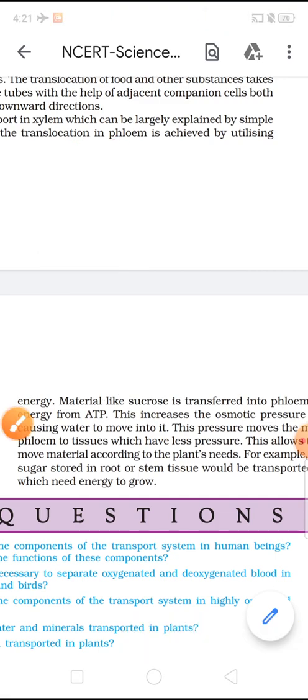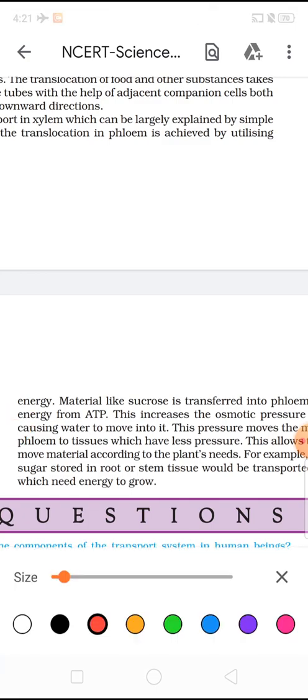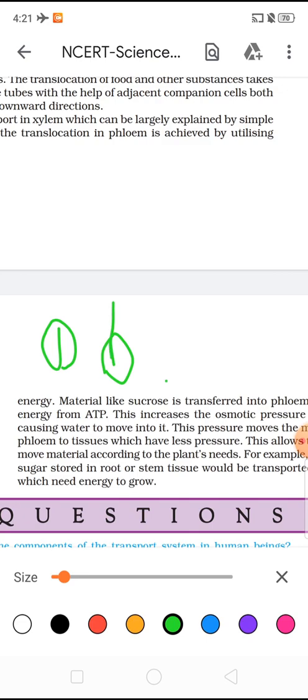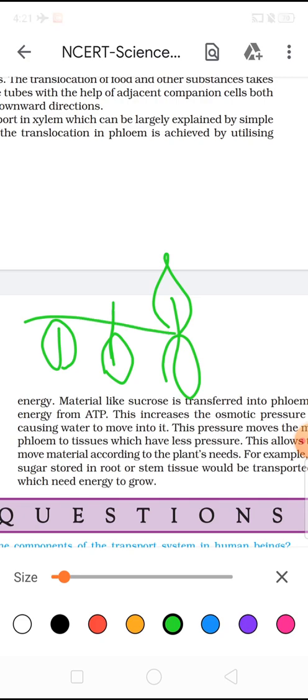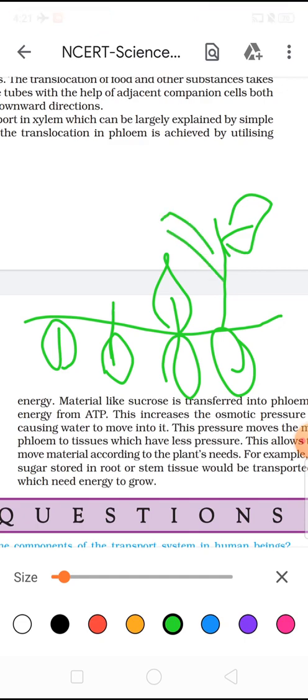Okay, one more example I'll explain you. Like we know that from the seed, suppose this is the seed, the plant will grow, and it will give rise to the leaf.